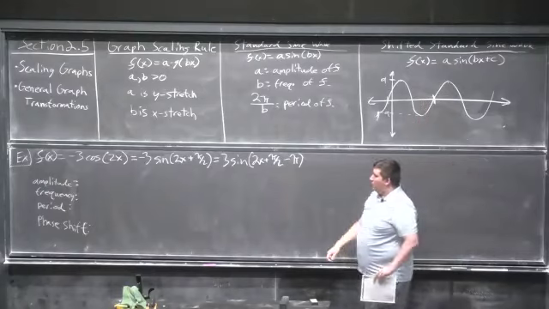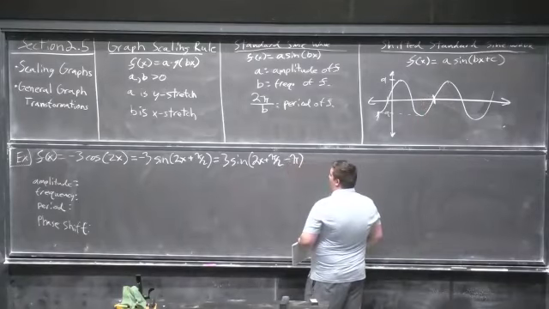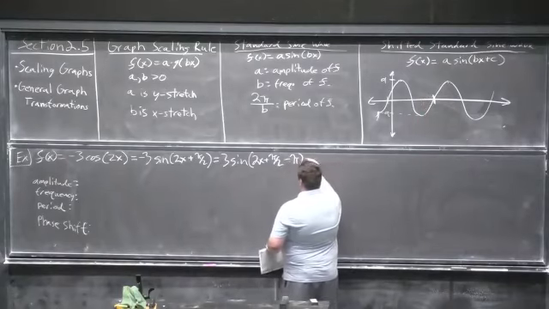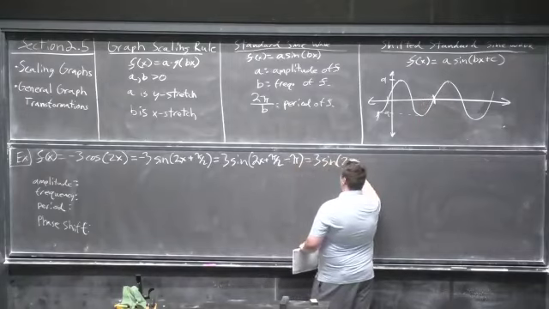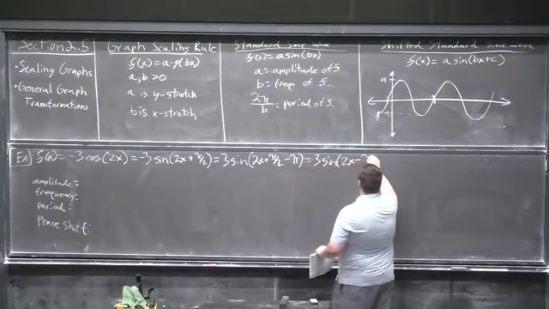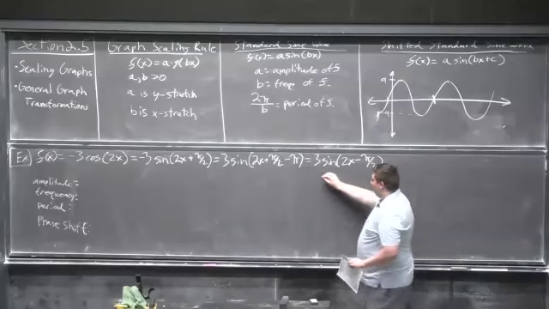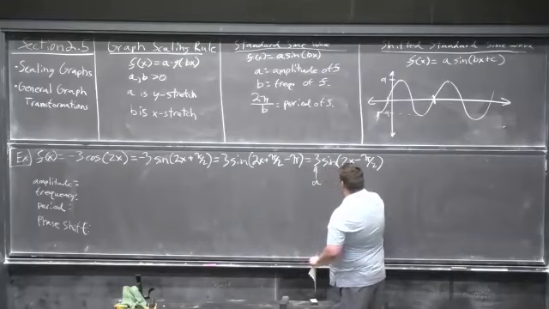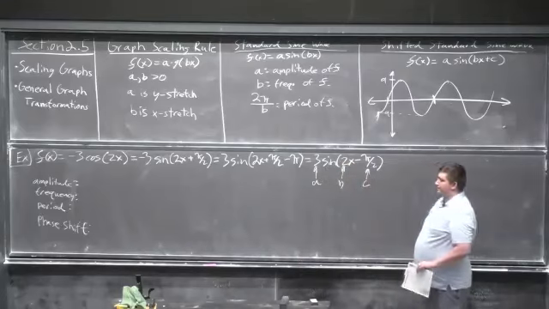Well, now that takes care of the negative. I can reduce this to get 3 sine of 2x minus pi over 2. And now this is my a, this is my b, and this is my c.